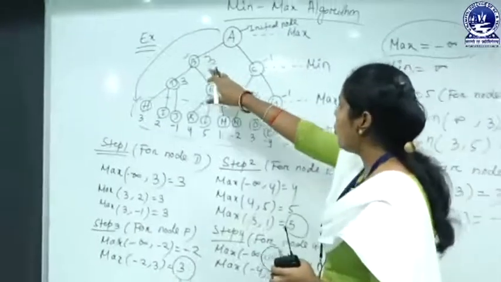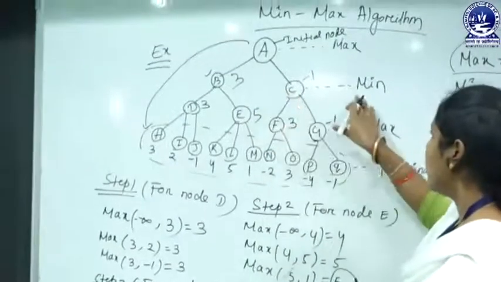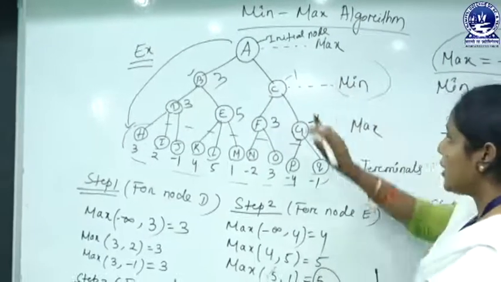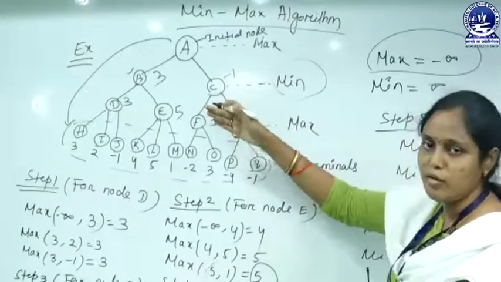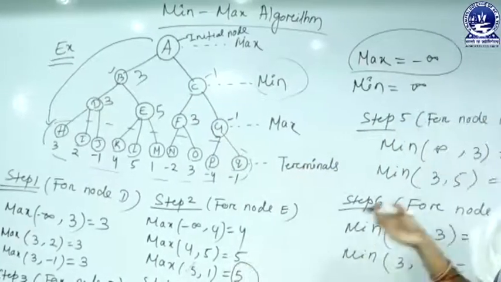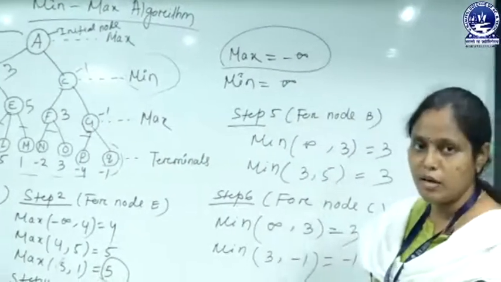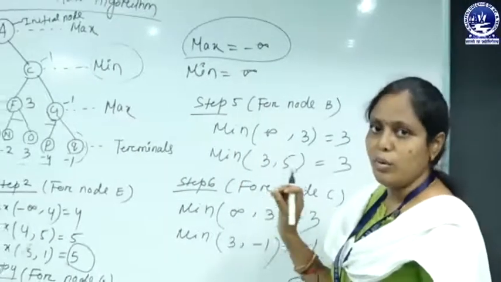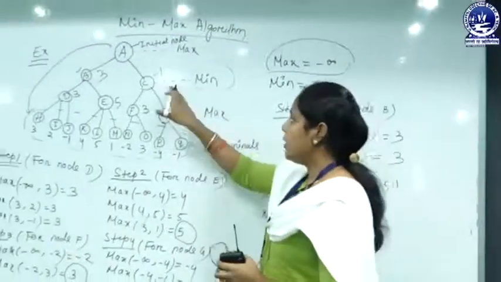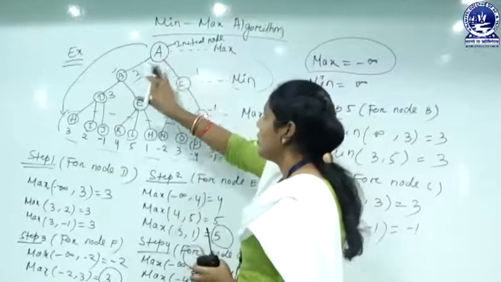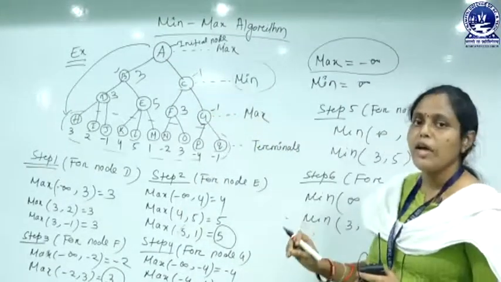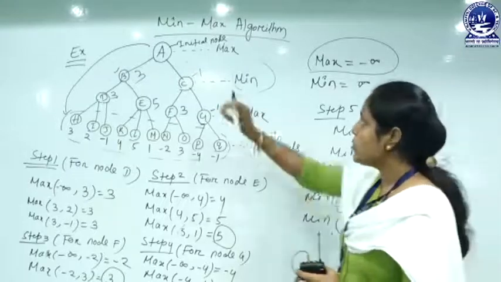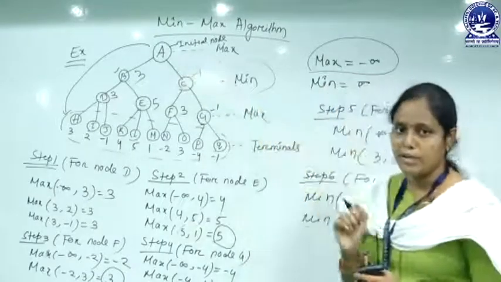And these nodes B and C are the minimizer turn. That means in this level we calculate the minimum value by comparing the initial value of the minimizer with individual nodes. Then next we calculate the utility value for our node A, which is the initial node, and this node is the turn of the maximizer.